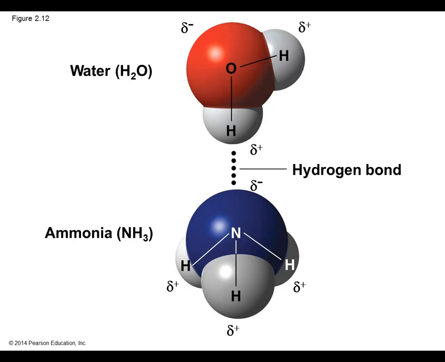A hydrogen bond forms when a hydrogen atom covalently bonded to an electronegative atom in a polar molecule is attracted to another electronegative atom. So the partial positive charge on the hydrogen atom, in this case in water, gets close to electronegative nitrogen, which carries a delta negative charge, and it's attracted to that opposite charge, and represented by a dotted line is that hydrogen bond.